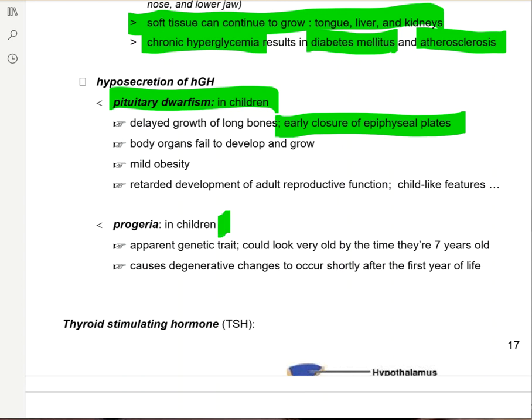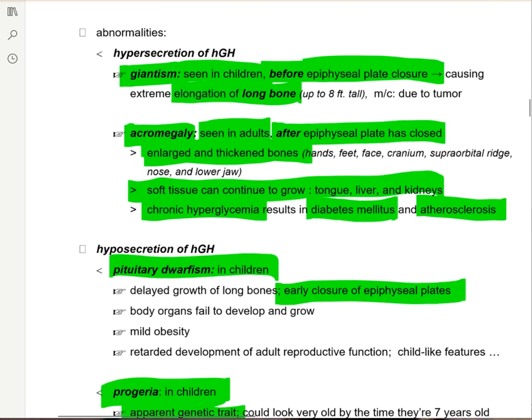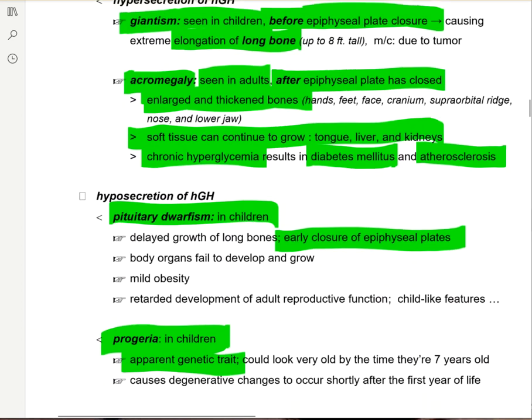We also have another one, which is a genetic trait called progeria, and this is the one that maybe you've seen before, where kids look really old by the time they're like 7 years old, and after about the first year, they really start to degenerate, and they're not getting enough HGH, and so their body doesn't grow and develop correctly, and they have lots and lots of problems. So those are a couple of the disorders that you should know if we have too much HGH or too little HGH.